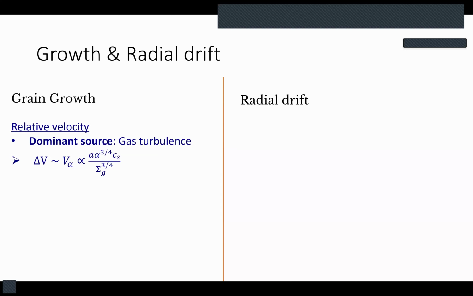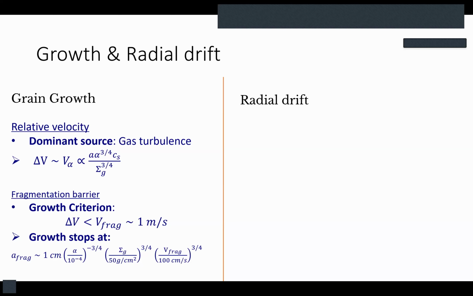First, we assume the grain growth is limited by the fragmentation barrier, and the relative velocity of the dust is determined by how coupled they are to the turbulent eddy of the gas. So we get the relative velocity, and then we equate this velocity to the fragmentation limit of grains.